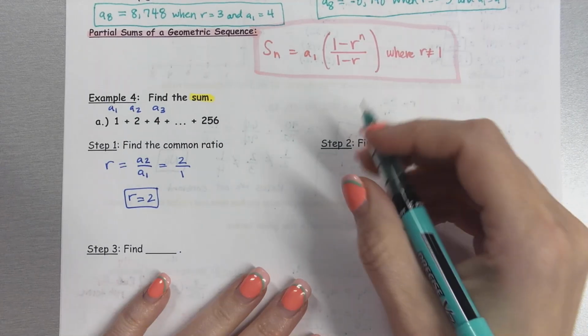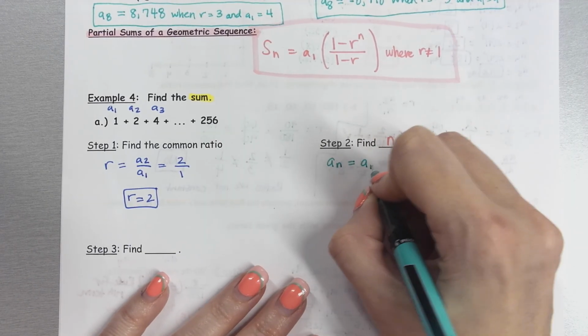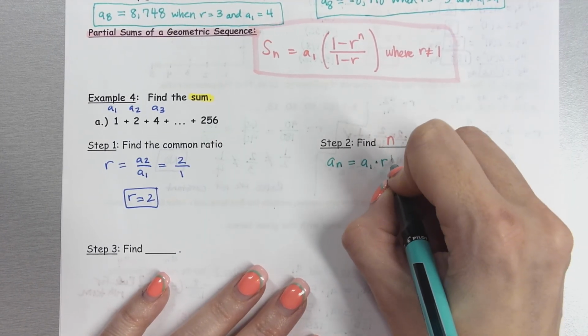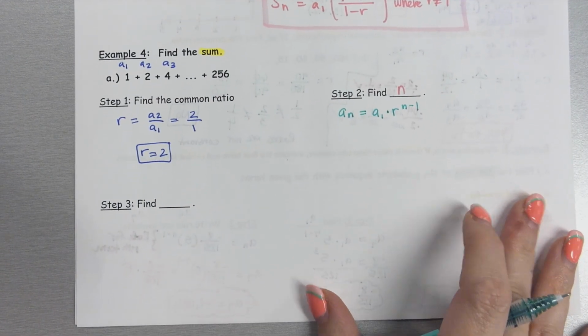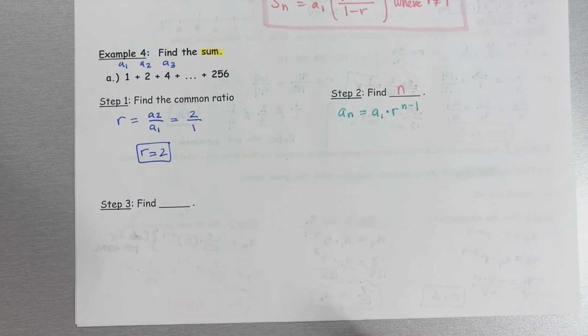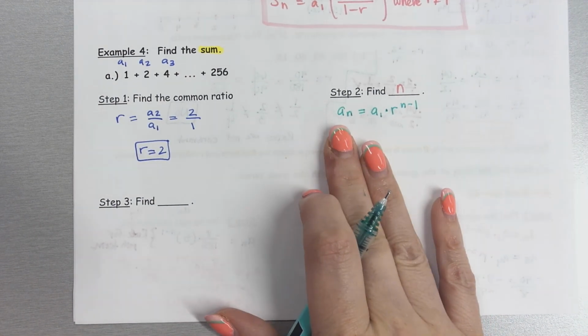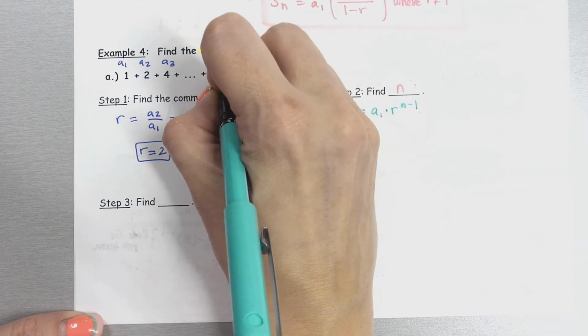There are ways you can figure it out logically without using the equation. I don't mind which method you use as long as you show me how you did it. So for this equation, we know a sub n is the last term.